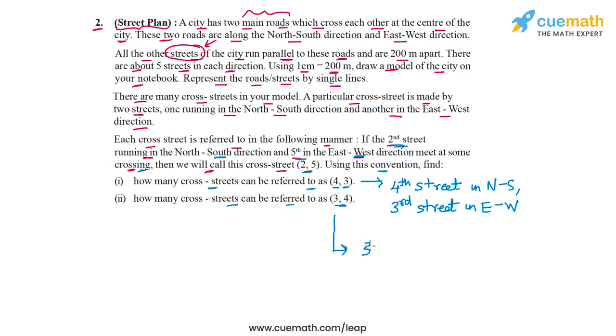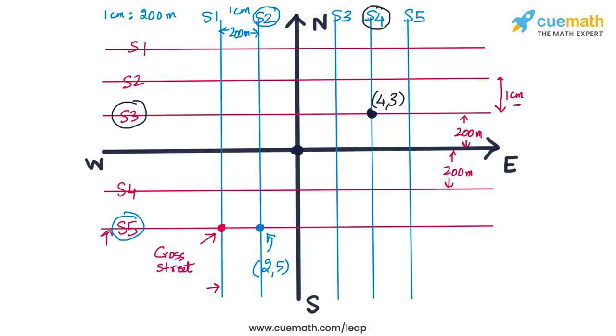This would mean the third street in the north-south direction intersecting with the fourth street in the east-west direction. Third street in the north-south direction is this, fourth street in the east-west direction is this, and these two intersect at this point here. So this cross street would have the position 3, 4.